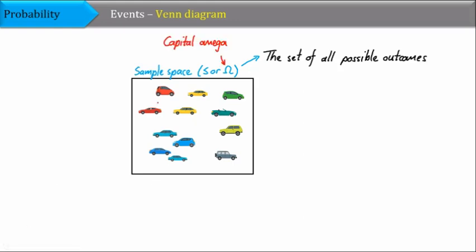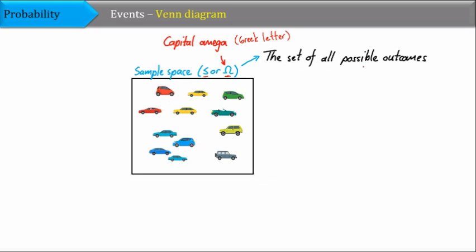Now the sample space is denoted by a capital S, or this sign over here, which is a capital Omega, and it is a Greek letter, just like the population parameters. Right, capital Omega is a Greek letter, and we use either capital Omega or S to denote the sample space. We don't write sample space every time.